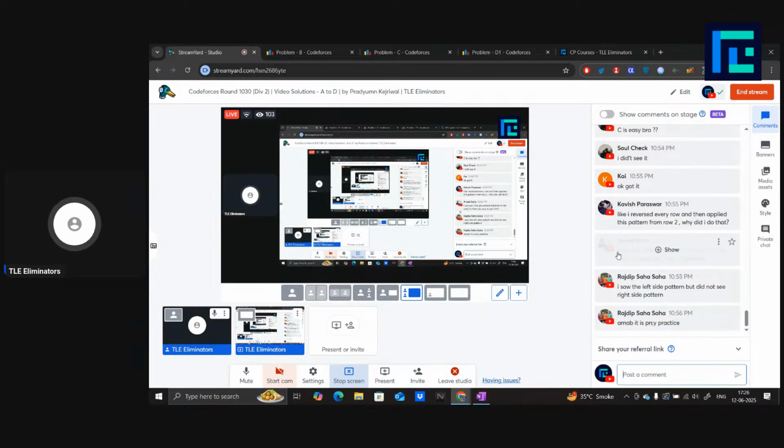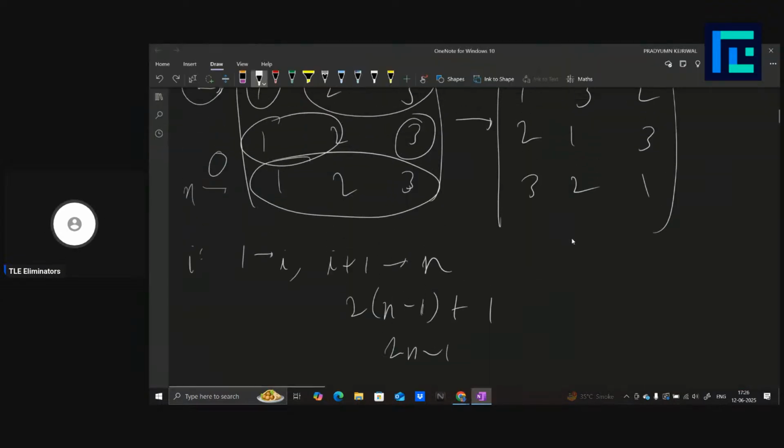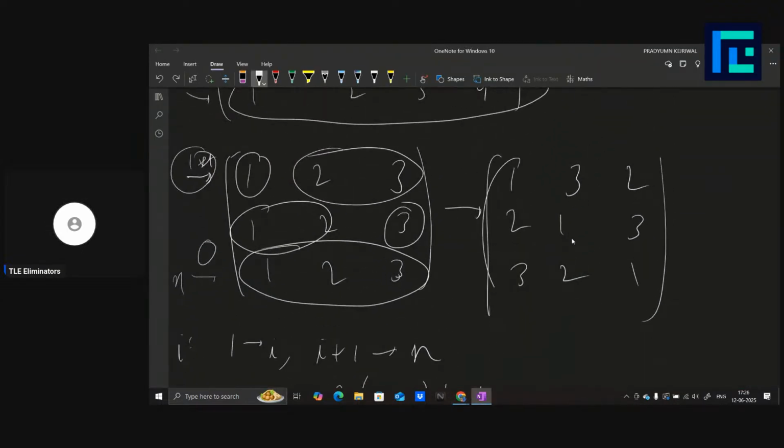I just told the way. What I thought was that since we want every element to be distinct on the right side, if I keep one here, then I definitely cannot keep one here. So I have to reverse this one. If I try with two, I just keep two here and one here. Now I go to this one, so I can't keep one and two right here.